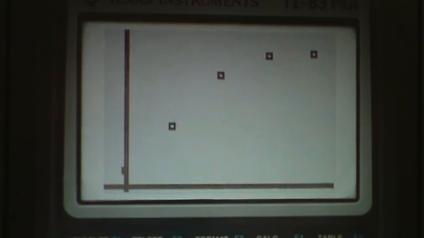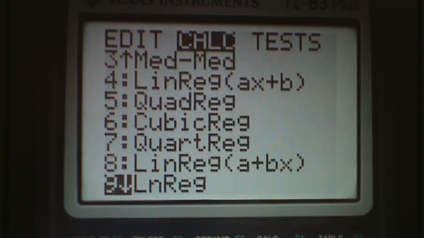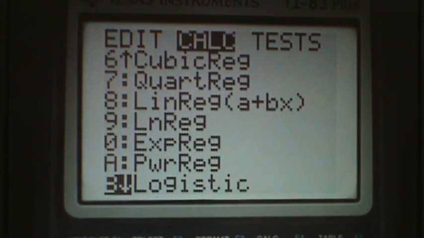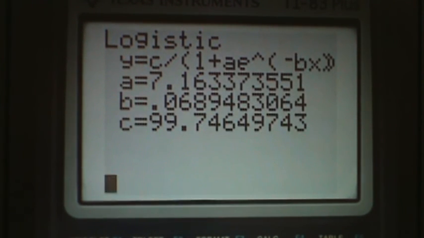So let's see, we'll press Stat and then right arrow and then down to the logistic model. There we go. Pressing Enter and Enter again. I notice that just with 5 data points, it takes a little while for the calculator to make the calculation. Just imagine what it would be if there were 10, 15, 20 data points. Well, let's see.